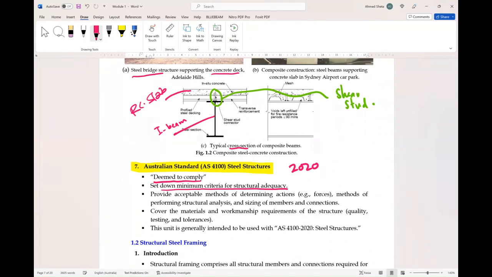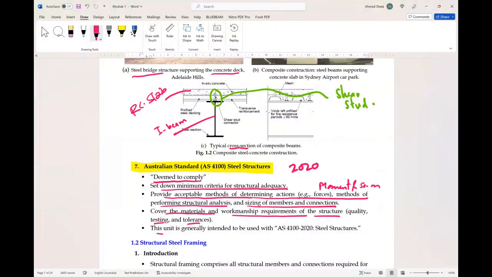So if you follow the design procedure of the Australian standard, it will guarantee minimum structural adequacy for your structure. It provides acceptable methods of determining actions, like forces, moments, and so on, methods of performing structural analysis, and sizing of members and connections. It also covers the material and workmanship requirements of the structure, quality testing and tolerances.